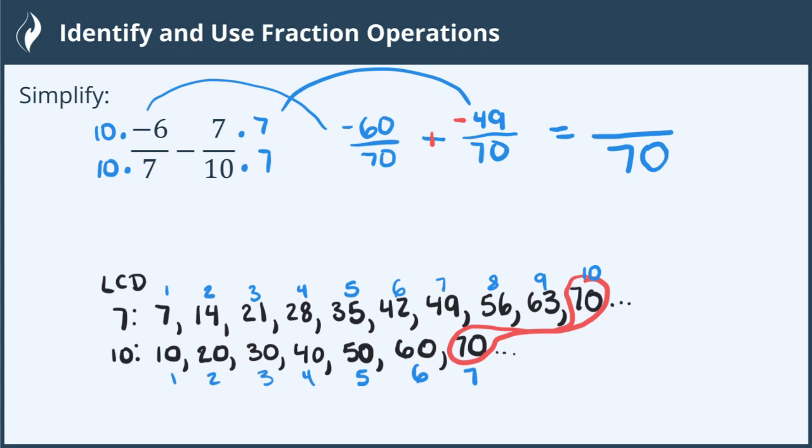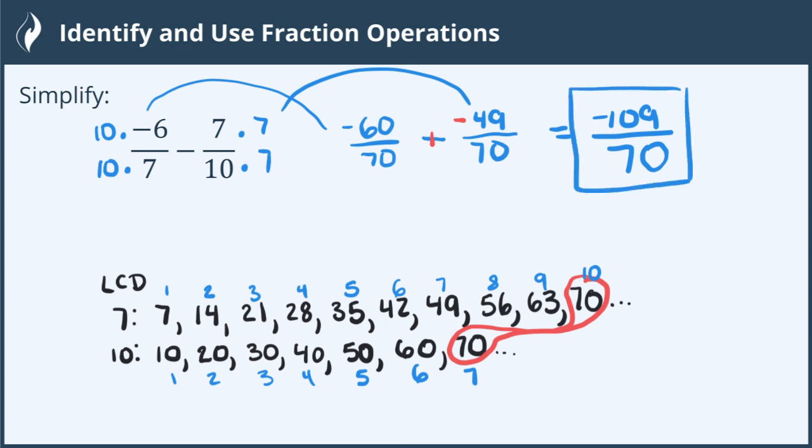And I can always do that with the negative sign. That's just like saying I'm multiplying it by a negative. So really I have negative 60 and I am adding a negative 49. This gives me a negative 109 over 70. And this is my final answer.